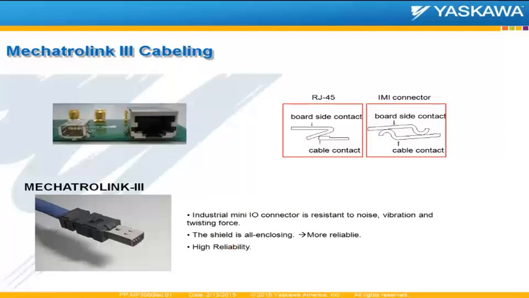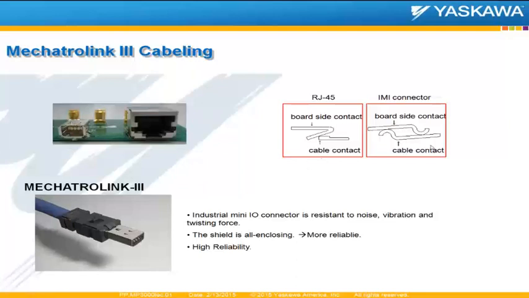In Mechatrol Link 3, the cabling is very robust, much more robust than under EtherCAT or standard Ethernet protocol. Typical devices use PC parts for the Ethernet connection, where we use an industrial connector that's fully shielded, and also the cable itself is fully shielded.